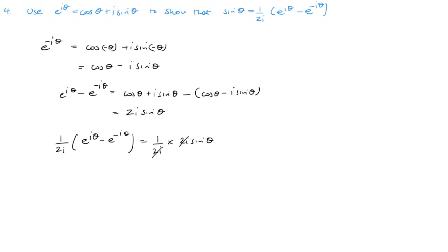The two i's will cancel, so that equals sine theta, which is what we've got. So therefore, sine theta equals 1 over 2i times e to the i theta minus e to the minus i theta, as required.